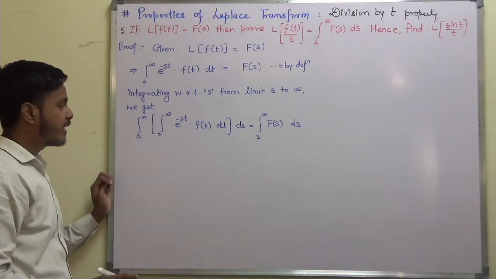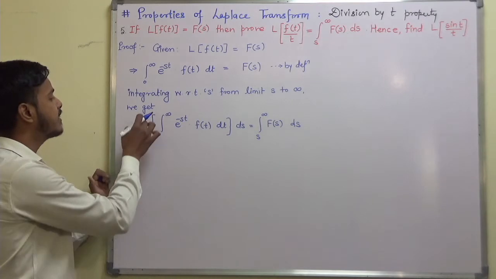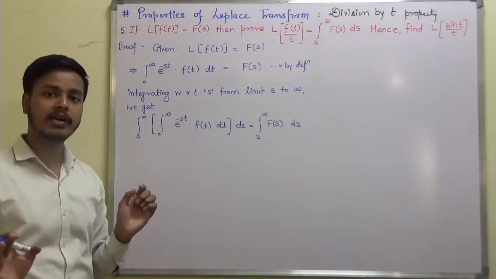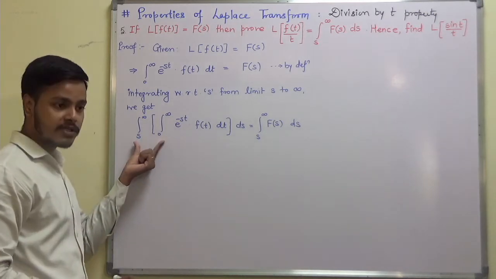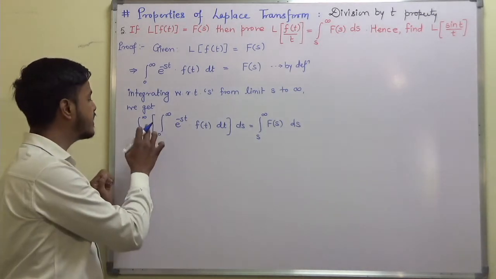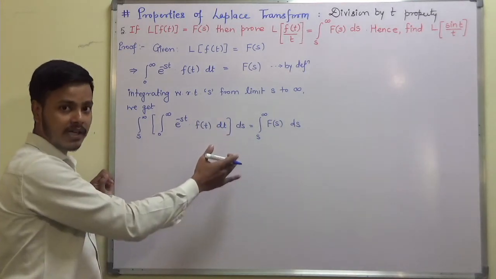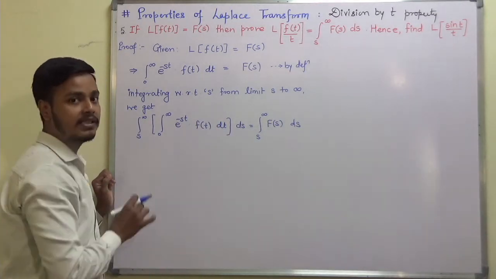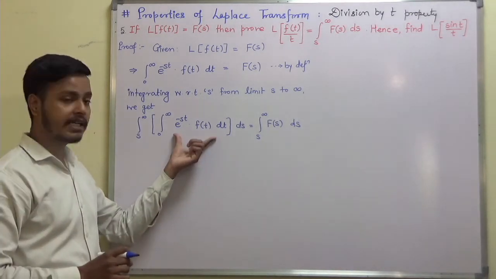Clear? Now as you can see here, these limits, s to infinity and 0 to infinity, are all constant. Just because they are all constant, whether I integrate with respect to t or with respect to s doesn't affect the value or the solution of this integration.